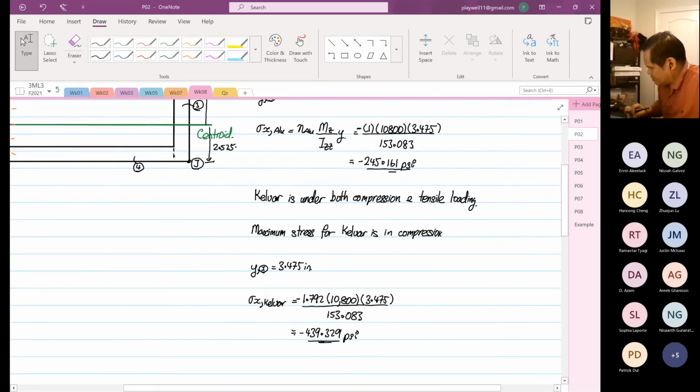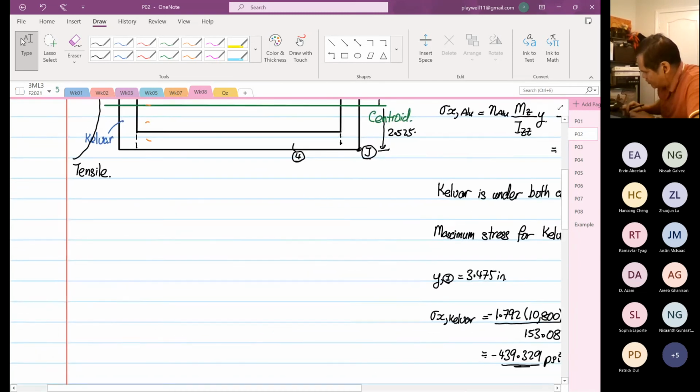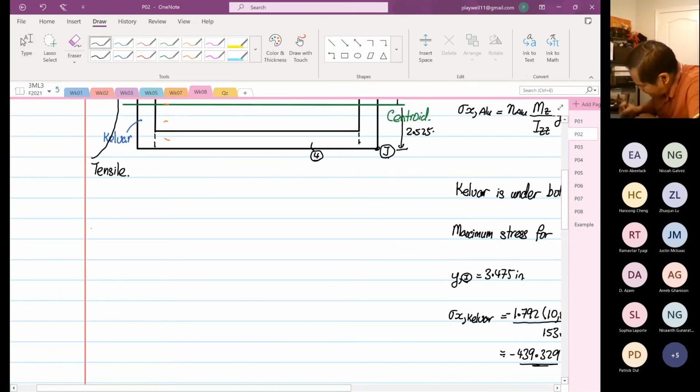Okay. So if you're interested in tensile, let's say we're going to calculate maximum tensile stress in Kepler. Is it straightforward, yes or no? So I'm going to do it over here. So maximum stress, or maximum tensile stress, just to show it to you that it's lower than compression.